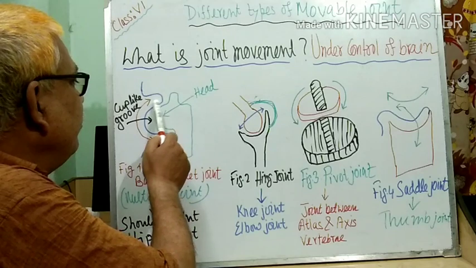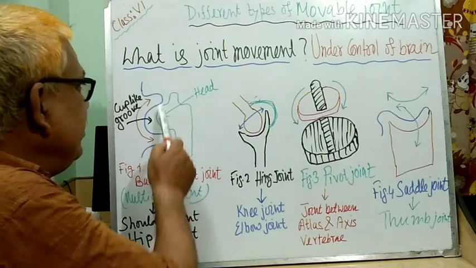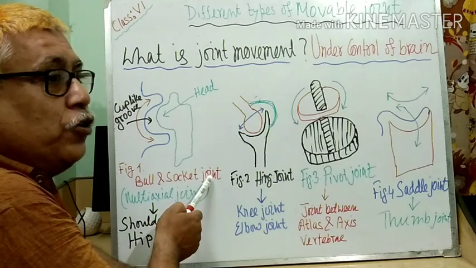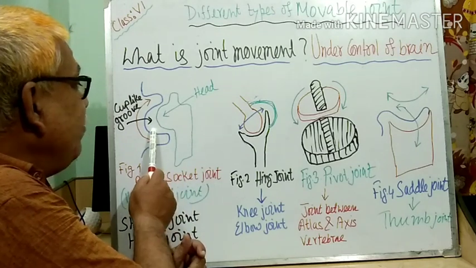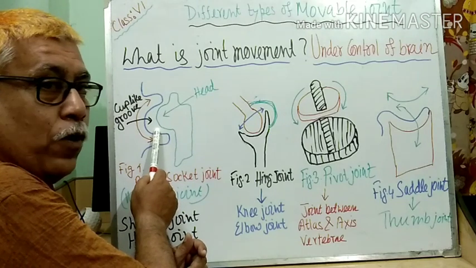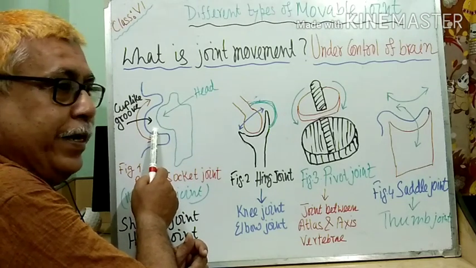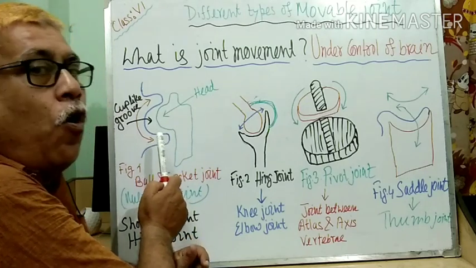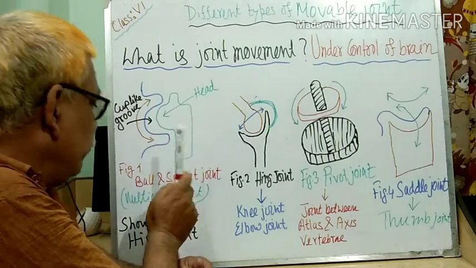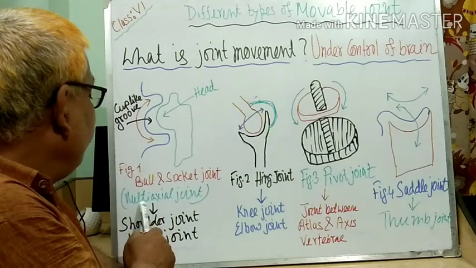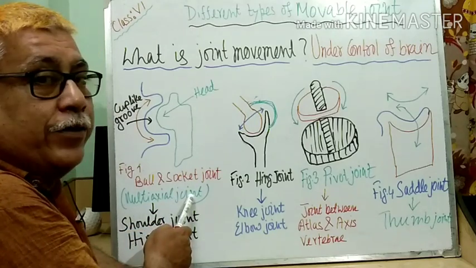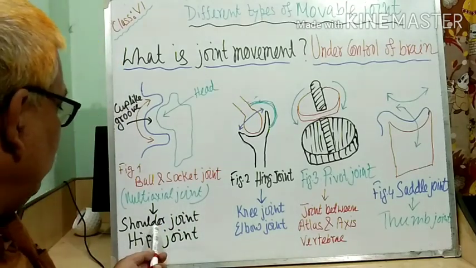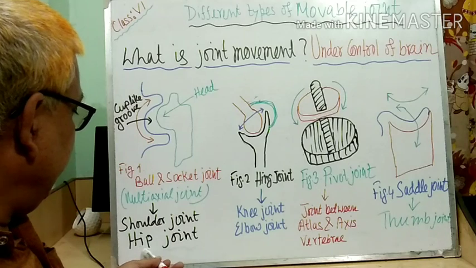This type of bone joint is called a ball and socket joint. This type of joint permits the bones to move in all directions. So it is called a multi-axial joint. Example, shoulder joint, hip joint.